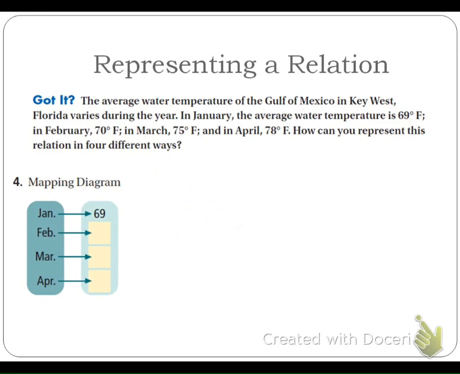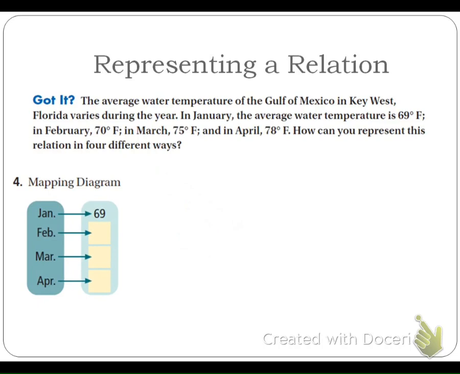One way is with a mapping diagram. You see there on the left we have the months, and then you see arrows pointing to, well, what do you get when you put in January, or if you're in Key West in January? Your output is 69 degrees. If you started with February, the arrow would point to which number?